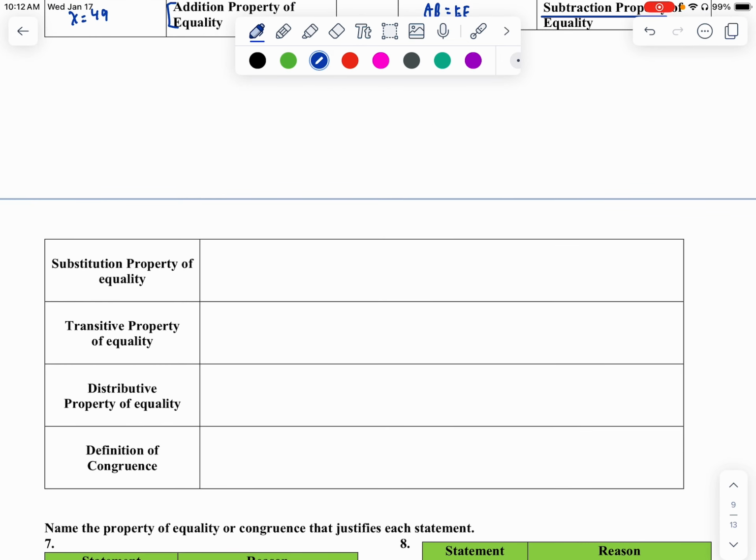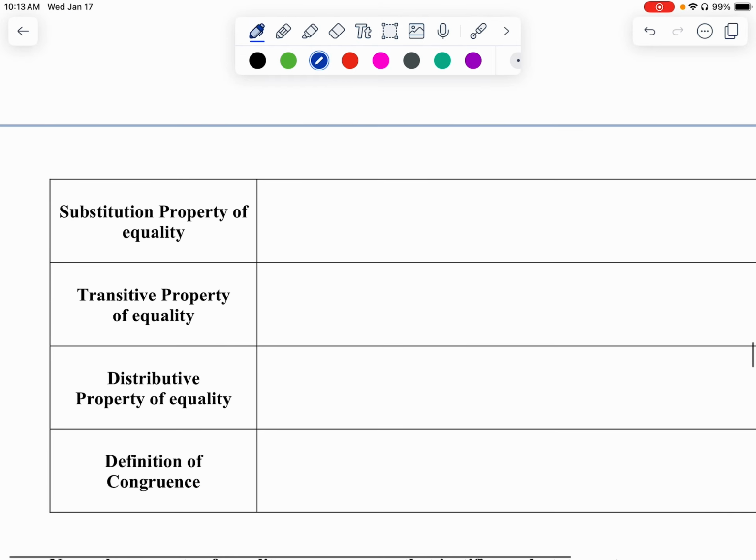On the next page, we have a couple of different properties. We have the substitution property, transitive, distributive, and definition of congruence. And these look a bunch of different ways.